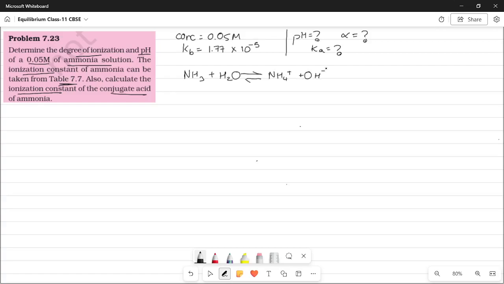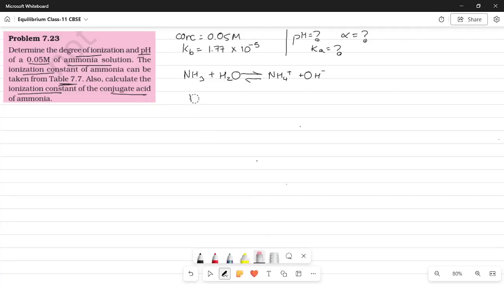For this particular reaction, the value of Kb will be equal to the concentration of NH4 plus into the concentration of OH minus, because these two are being produced, divided by the concentration of NH3. So this is the value of Kb.